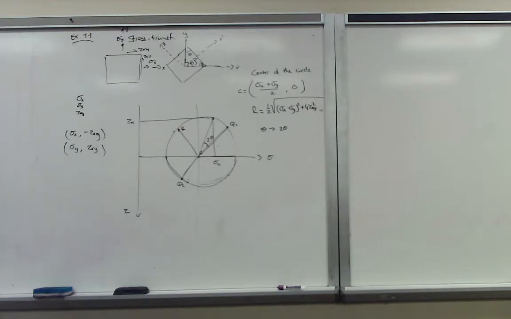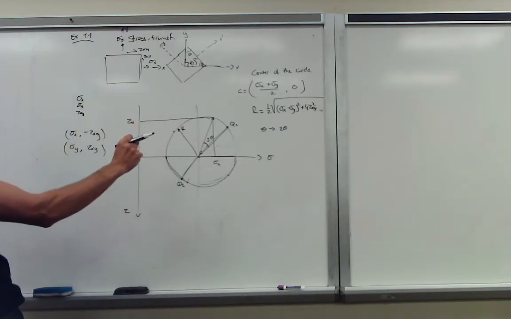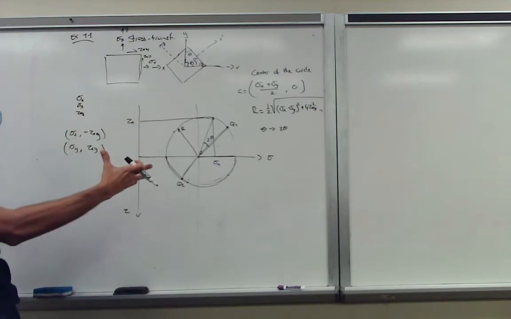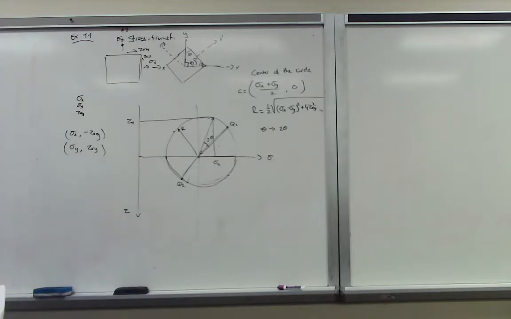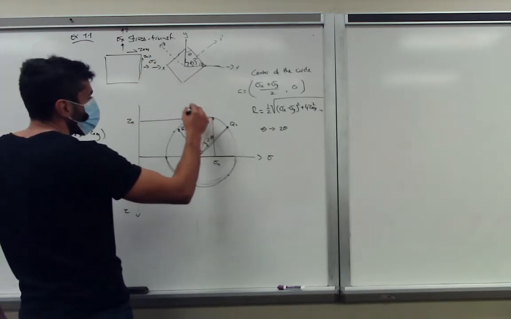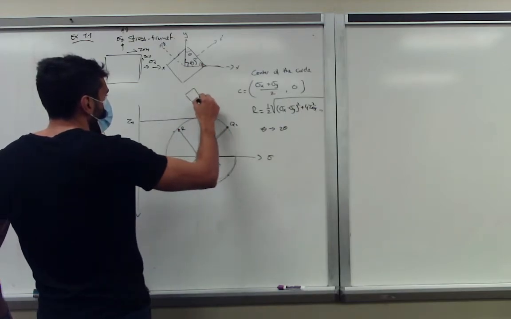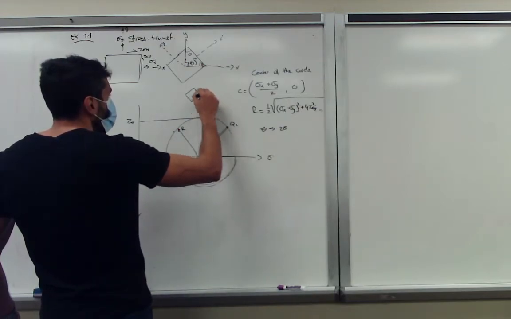So it's a visual representation of how, instead of just using coordinate transformation calculations, you can construct the circle and visualize how it rotates, and that represents rotation of our coordinate system.